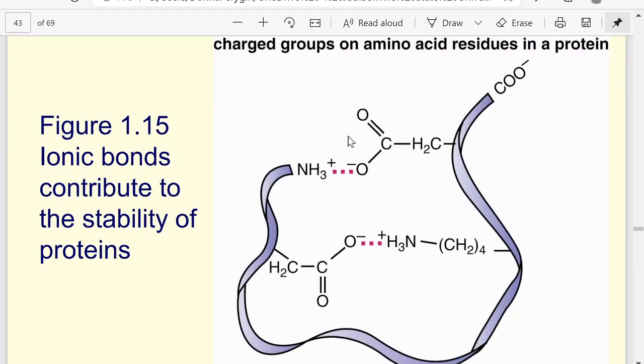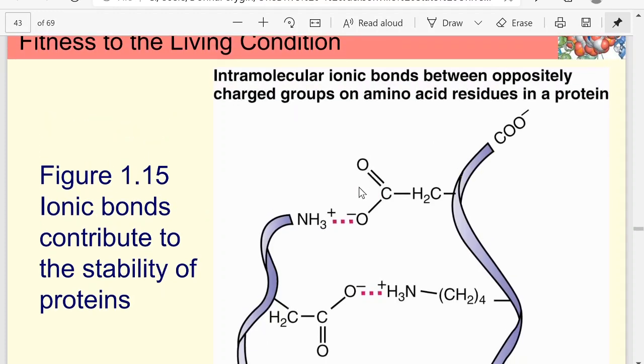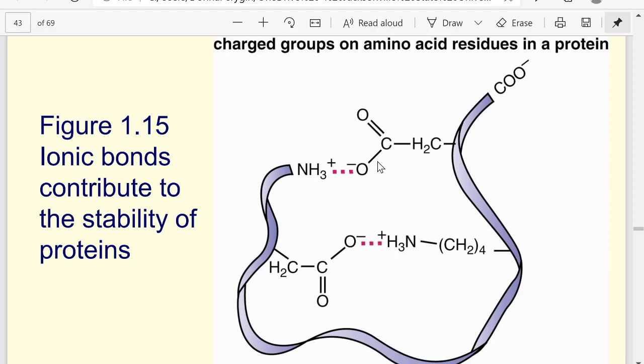Here you can see ionic interactions contributing to the overall three-dimensional structure of proteins. We have this carboxylate end interacting with this amine end, and here we have an amine group as a side chain on an amino acid interacting with a carboxylate group.